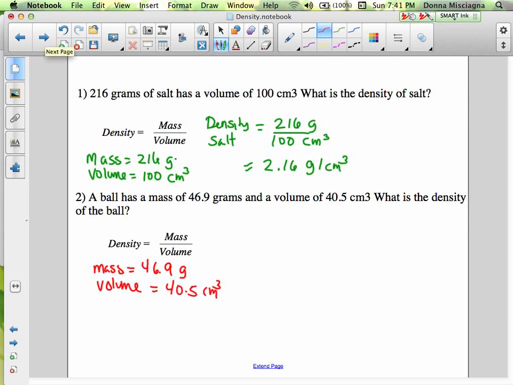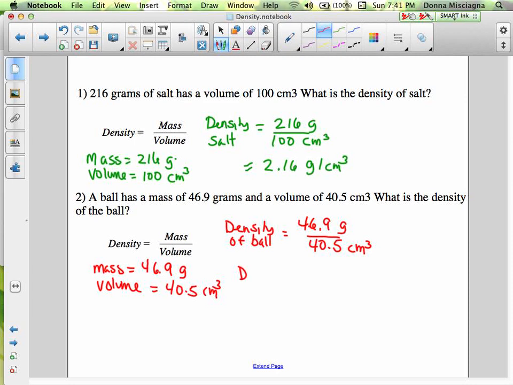What's the density of the ball? Density of the ball is 46.9 grams divided by 40.5 centimeters cubed.